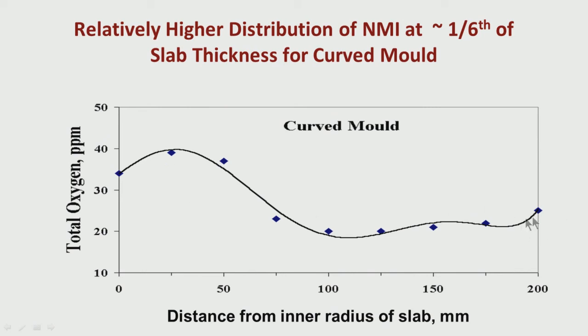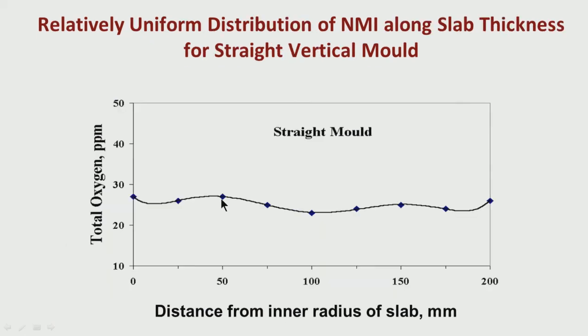The other surface, which corresponds to the outer radius, will have relatively fewer defects. This has more defects. Here, when you are rolling it to lower and lower thicknesses, defects will be getting exposed uniformly at both the surfaces.